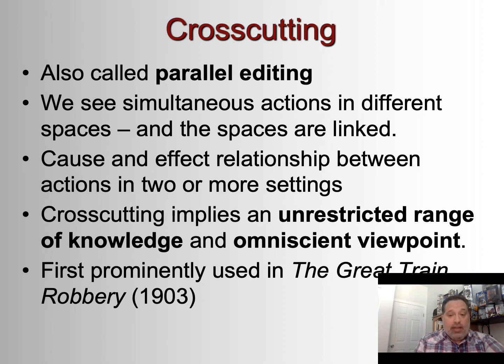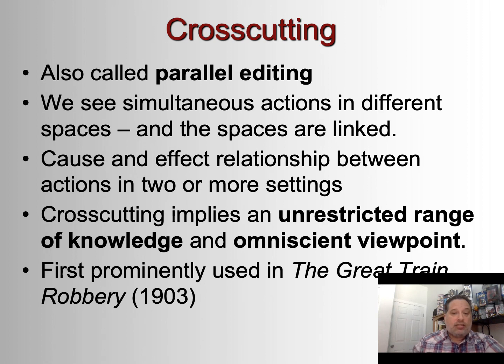So that might be, for example, at the end of Return of the Jedi, where you have Luke Skywalker on the Death Star fighting Darth Vader, while on the planet below, the rebels are fighting the Imperial troops in the forest, and then we have a third space, which is the space battle that's going on.